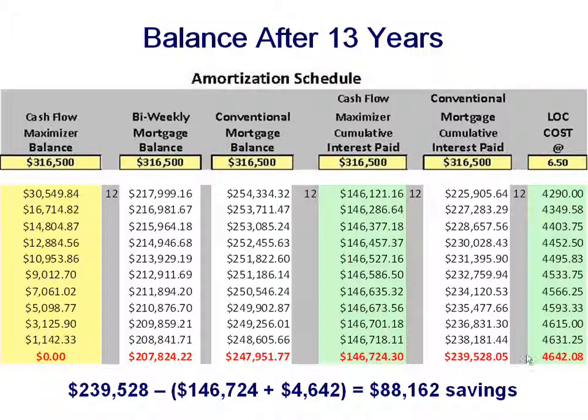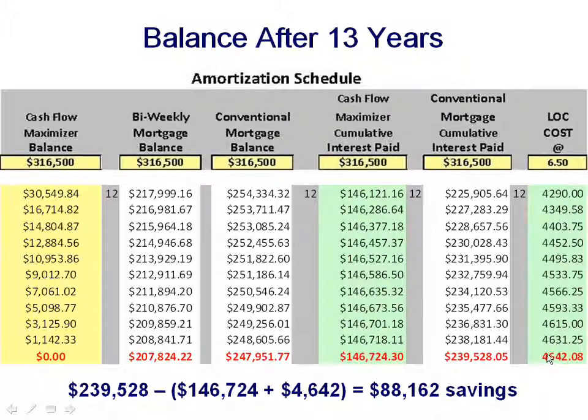And when you add in the cost of the line of credit at 6.5% over those 13 years, because it's declining balance interest, the total cost of using the line of credit was only $4,642.